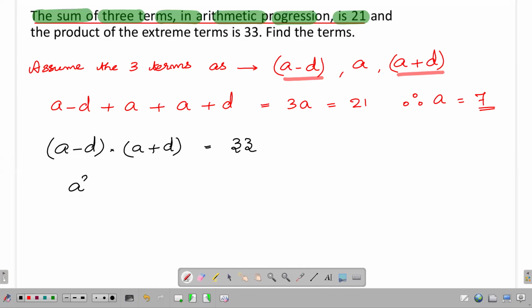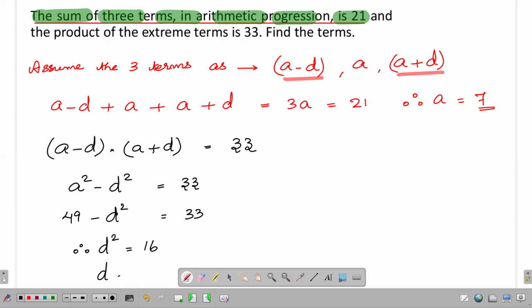That is A square minus D square, equal to 33. Please note A is 7, so A square is 49, minus D square is 33. This gets me D square equal to 49 minus 33, that is equal to 16.